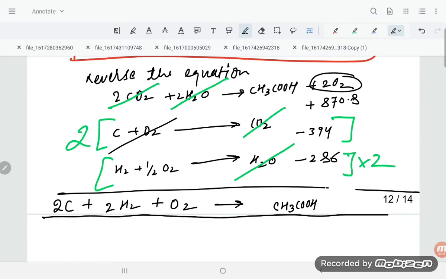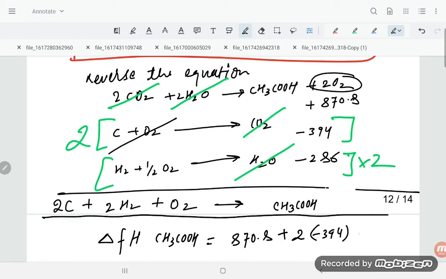From this equation we are going to solve the problem. So the enthalpy of formation, delta fH of CH3COOH, is what we want. You add all these equations, so that is 870.8, then plus 2 into minus 394, plus 2 into, in bracket, 286.